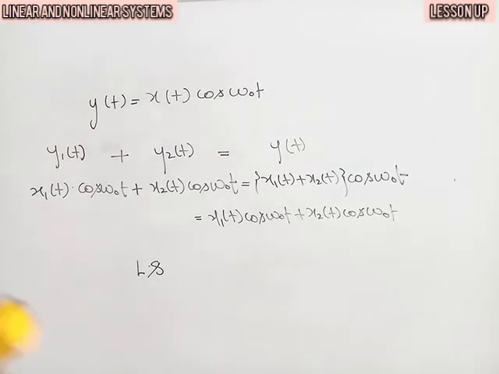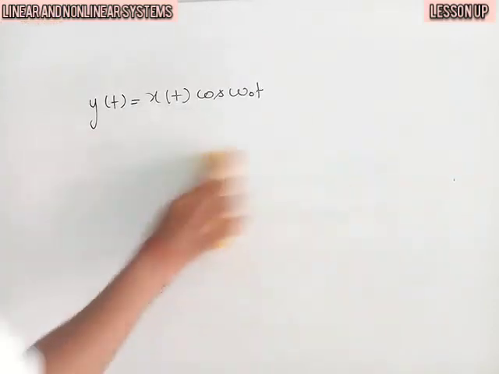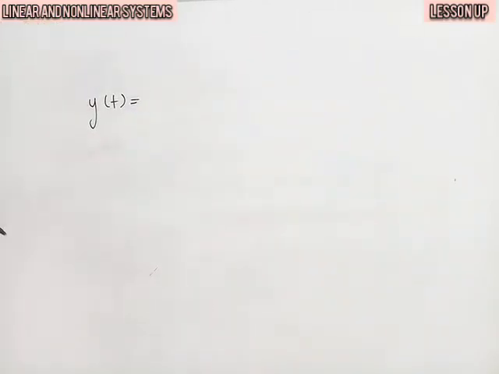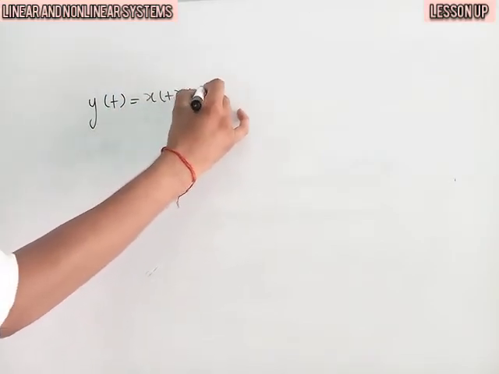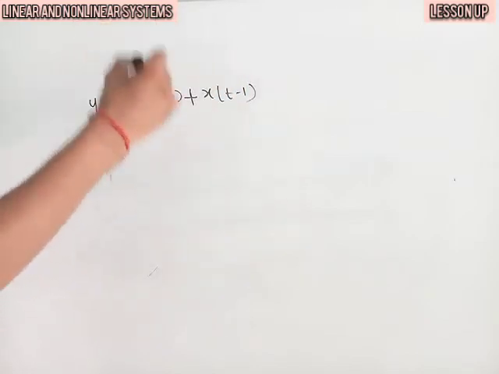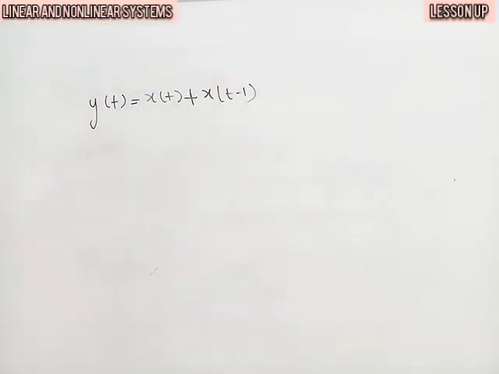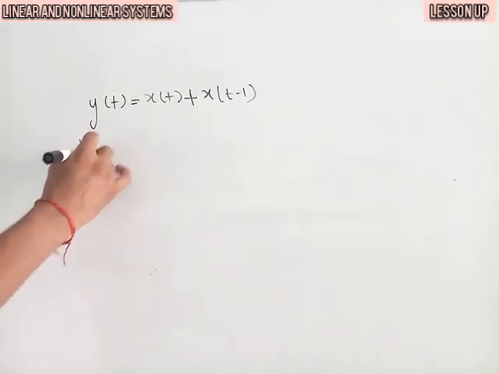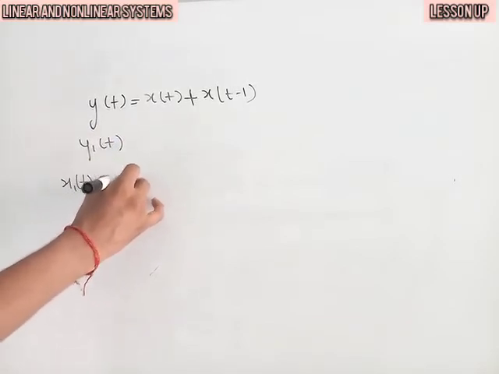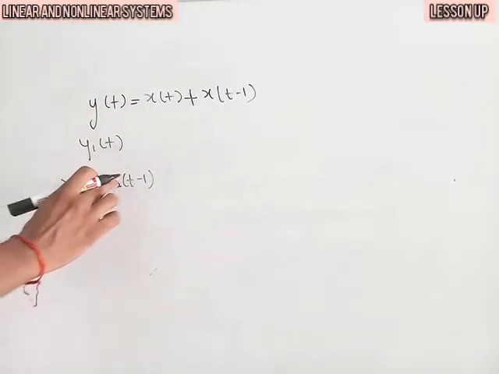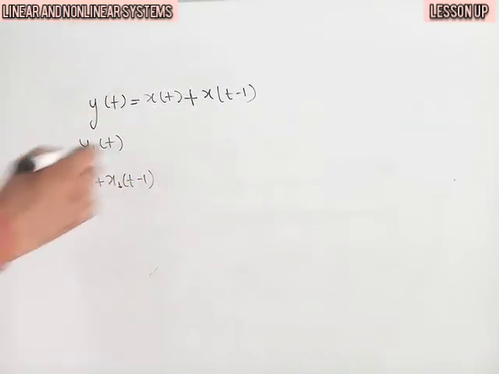Next, if y of t is x of t plus x of t minus 1. For this, if the input is x1 of t, we will get output y1 of t, which is equal to x1 of t plus x1 of t minus 1.